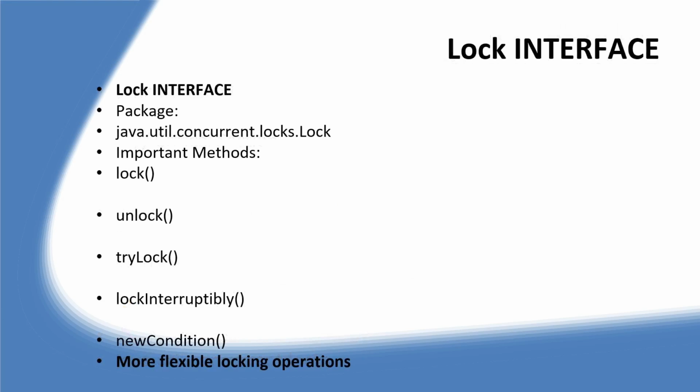Lock is an interface in java.util.concurrent.locks, and it defines explicit locking operations. Some important methods are lock, unlock, tryLock, lockInterruptibly, and newCondition. In this video, our main focus will be on lock and unlock, these two.